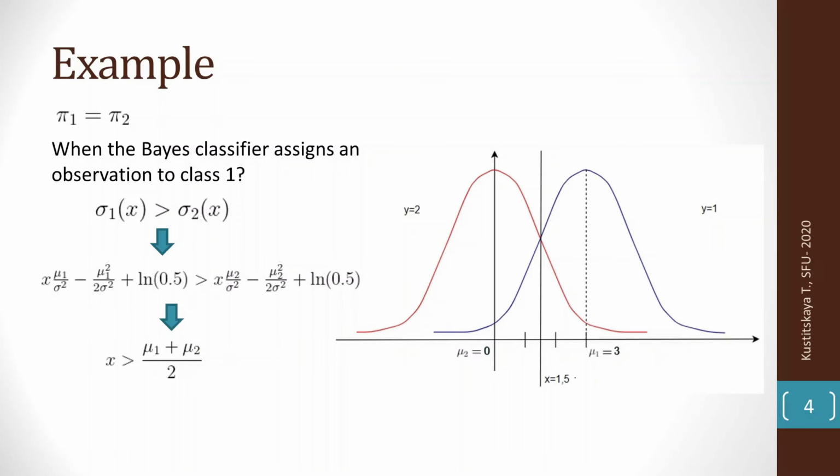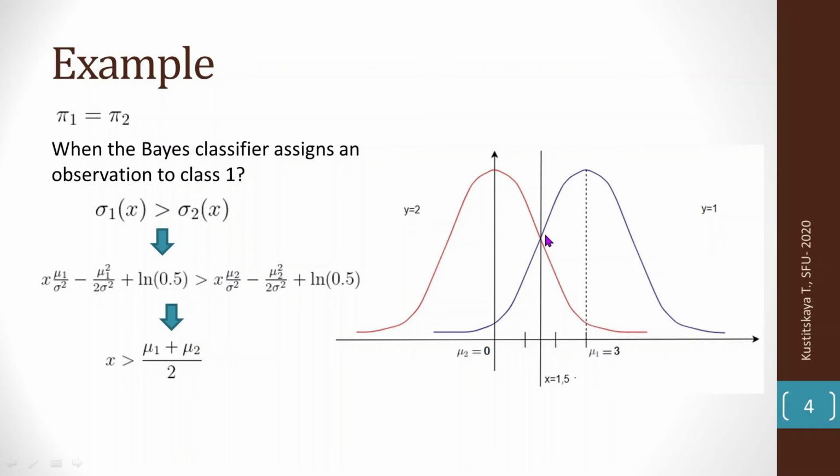Let's look at this picture. Here we can see two classes, which are denoted by class y1 and y2. We suppose that the density for the first class is a normal density with a mean μ1 equal to 3 and some variance.